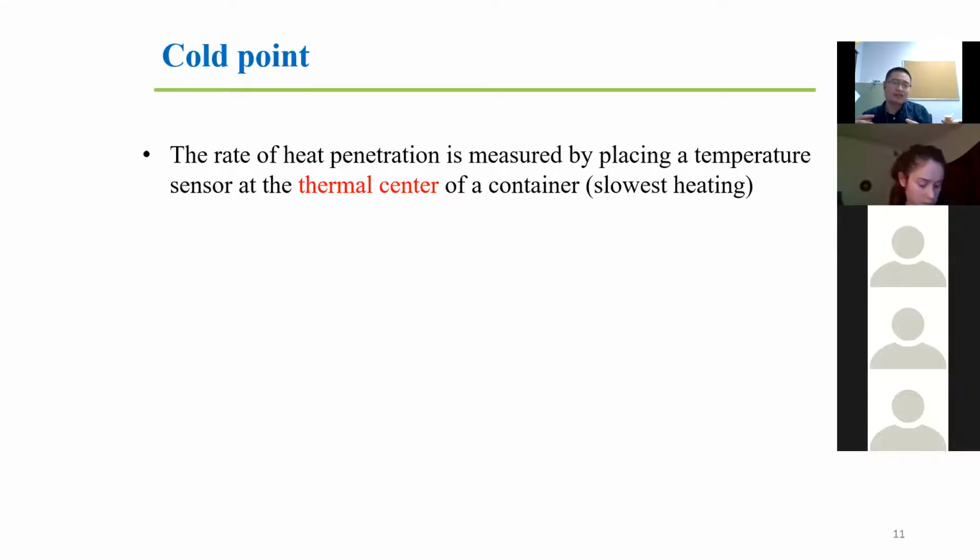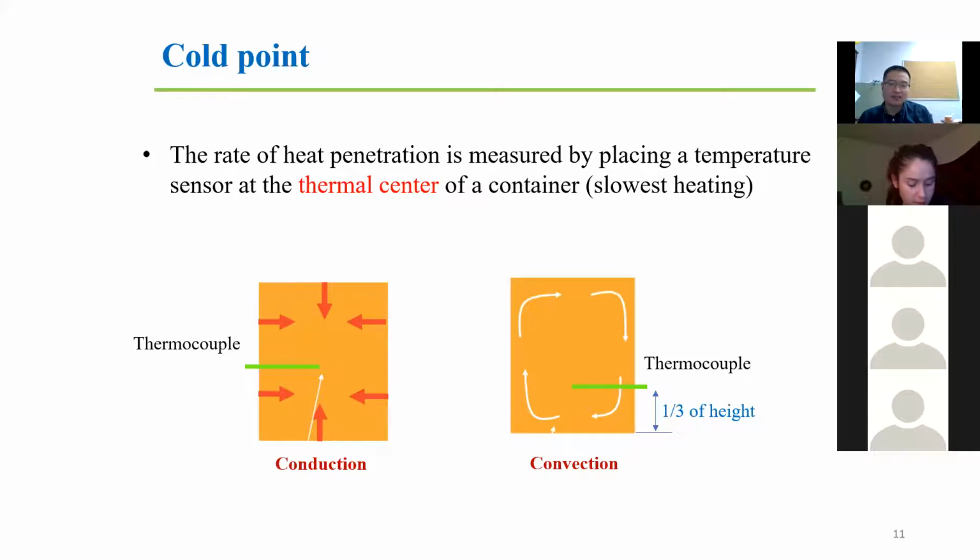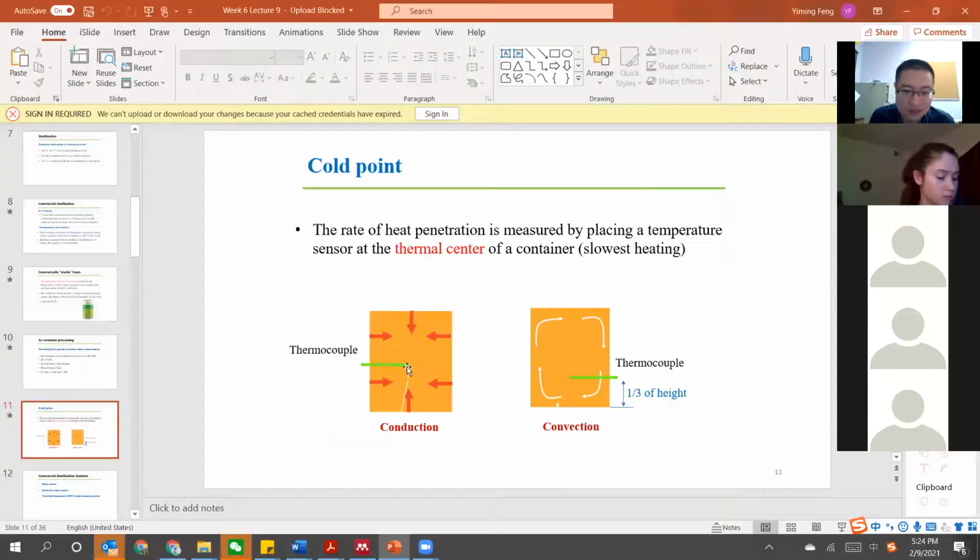You can imagine that if steam is heating up the can, heat penetrates through the wall of the can. So on the side of the can, the food will heat up rapidly, but the core will heat up very slowly. If the heat is only transferred by conduction, then the thermal center is actually right in the middle, right?